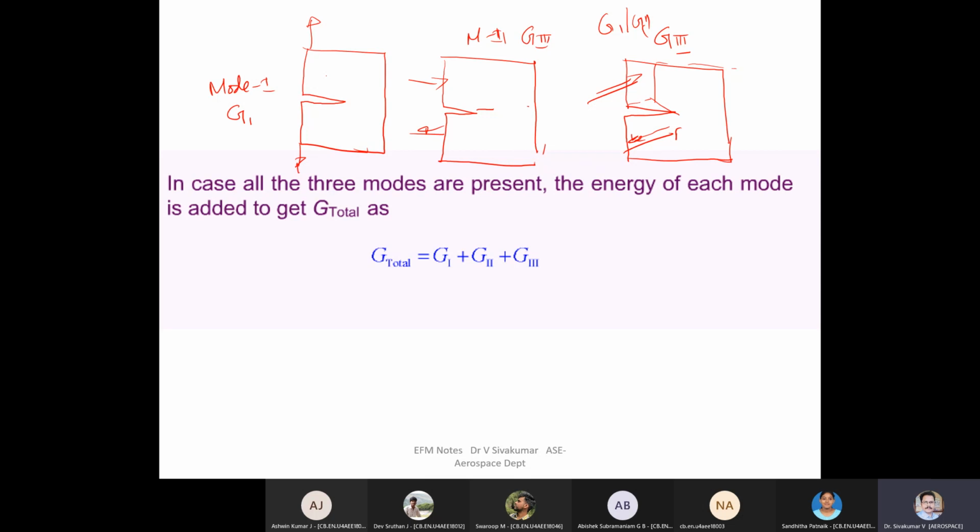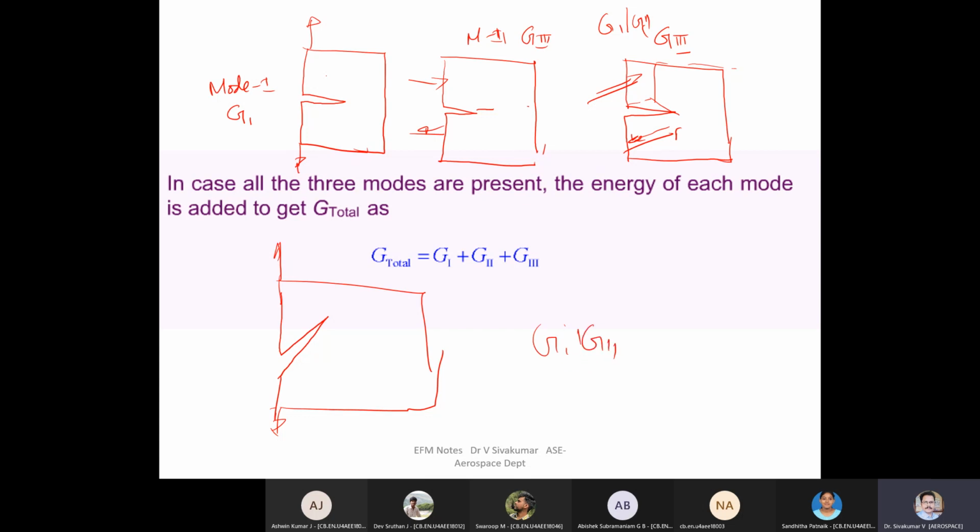So when that crack is subjected to a system of forces, you can't expect purely mode 1 or mode 2 or mode 3. It can be any combination. For example, if you have a crack something like this, then you will have G1 and G2.